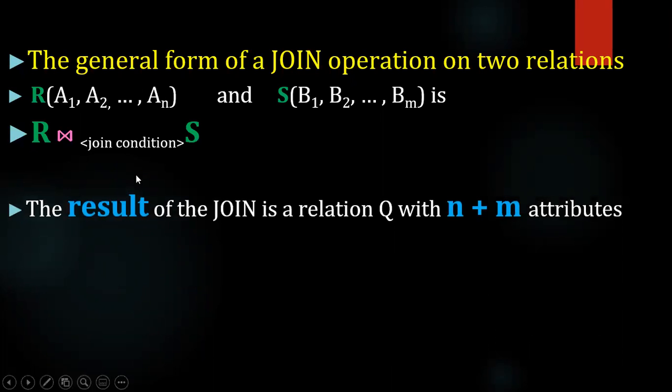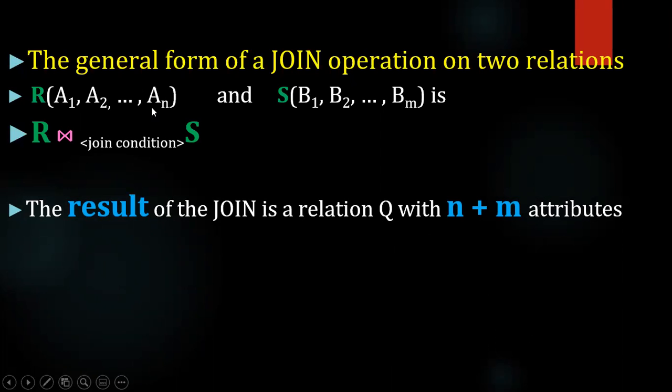Once we get the result of the joining of these two relations, the resultant relation contains n plus m attributes.